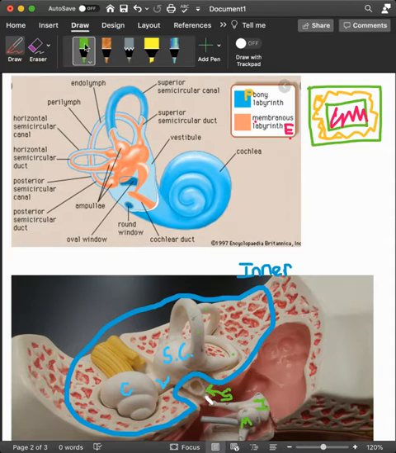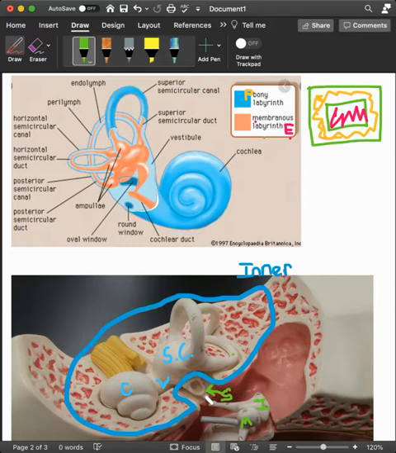So now these fluids, the endolymph and the perilymph, have a very important job. If you may remember, the vestibule and the semicircular canals assist with detecting head movement and position, whereas the cochlea actually helps with hearing sound waves.